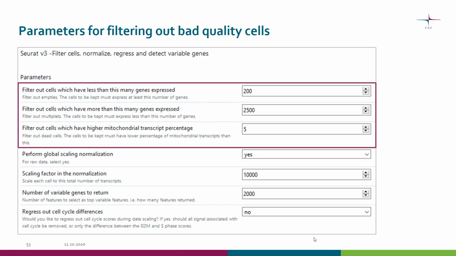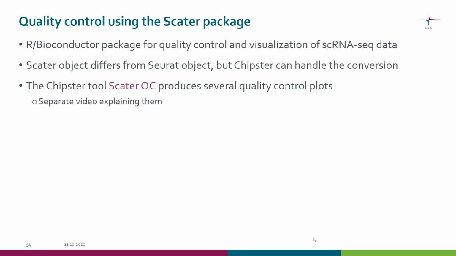So far, both these tools I showed are based on the Seurat package, but I would like to point out that there is also another package called scater, which is very good for quality control. scater is a Bioconductor package. It has very rich functionality for quality control and visualization of single-cell RNA-seq data. scater has its own object structure.